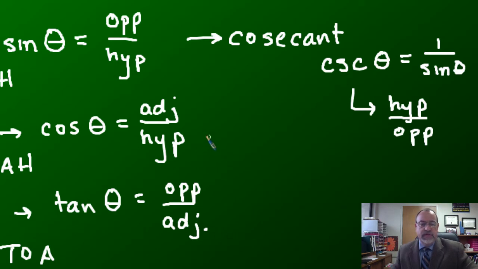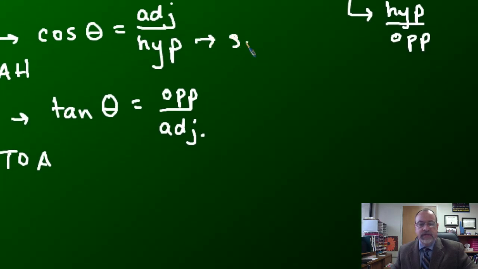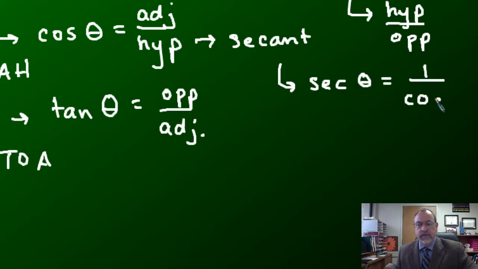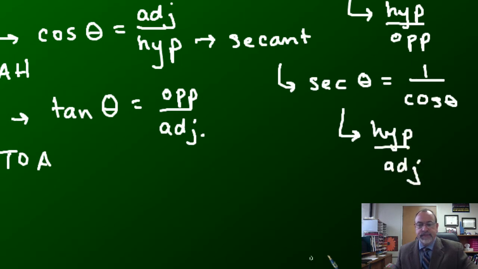The cosine function has a reciprocal, and that's called the secant function, and that's abbreviated sec. And again, the secant is the reciprocal of the cosine, so 1 over cosine theta, which gives me the reciprocal of that ratio, so it's going to be hypotenuse over adjacent.